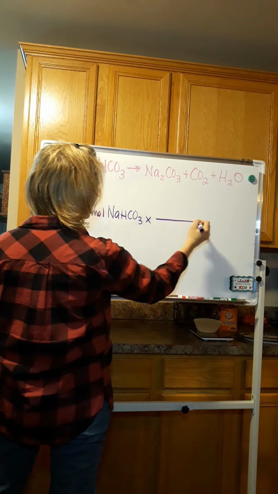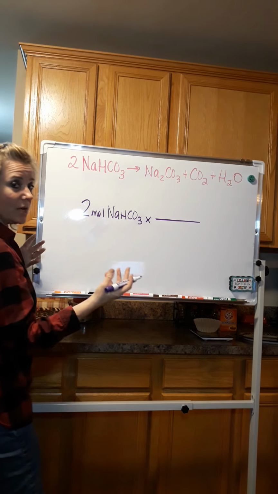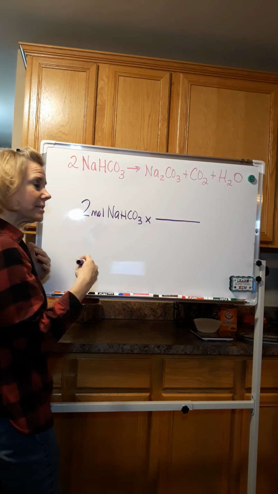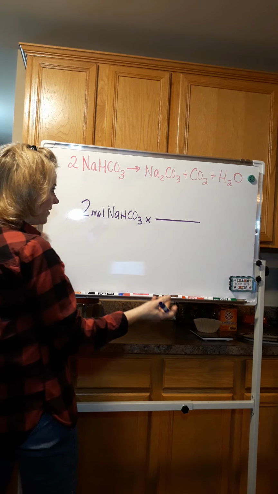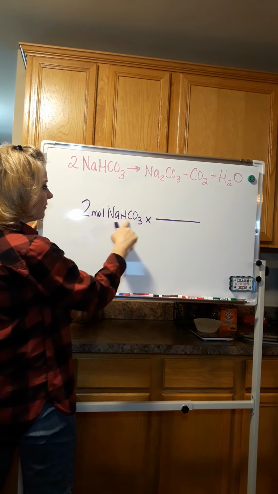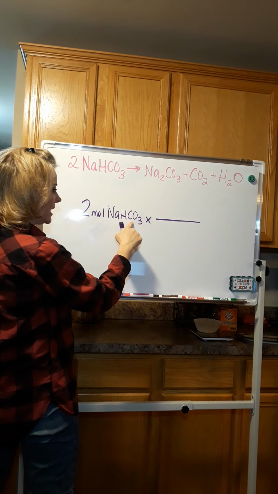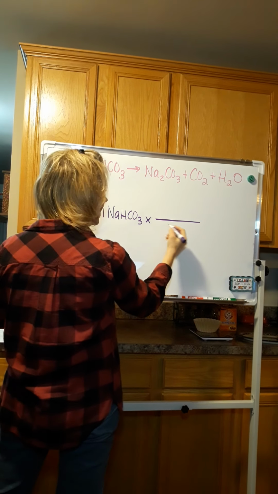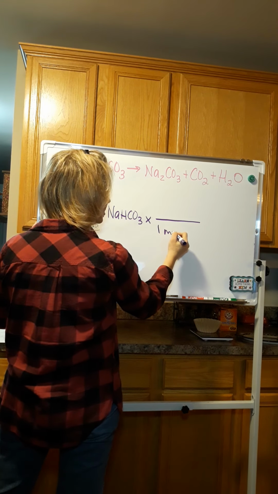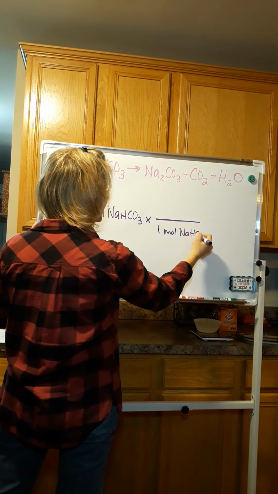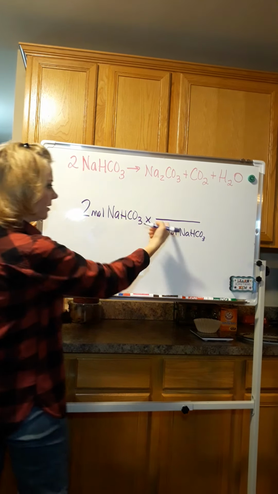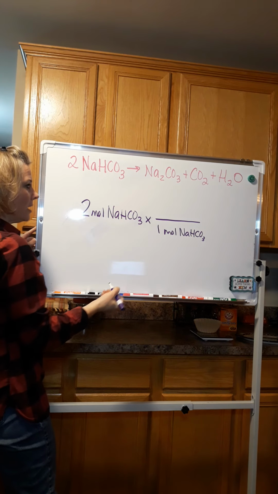And I'm going to create a proportion using what I know about molar mass. I know that the molar mass of any compound is equal to 1 mole of that compound. And since I have moles of sodium bicarbonate here, I'm going to write 1 mole of sodium bicarbonate on the bottom of my proportion.